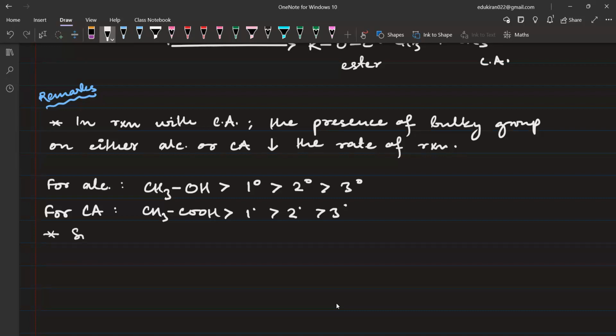Right, similar reaction is shown by phenols. Okay. Same reaction is shown by phenols also.